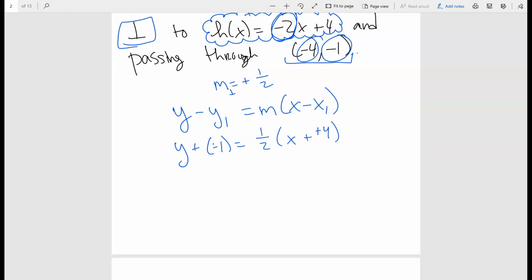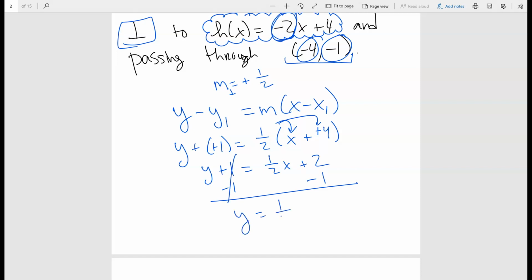So it's going to be positive. So I have y plus 1 equals 1/2 times x plus 4. Let me distribute this out. So 1/2 x, half of 4 gives me 2, and then I can subtract 1. y equals 1/2 x plus 1. And that's basically it.